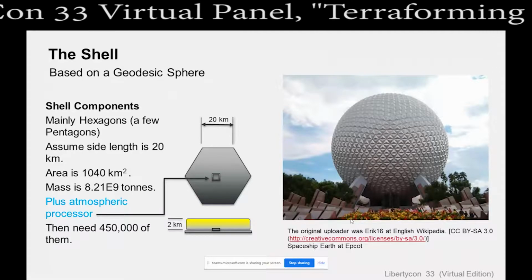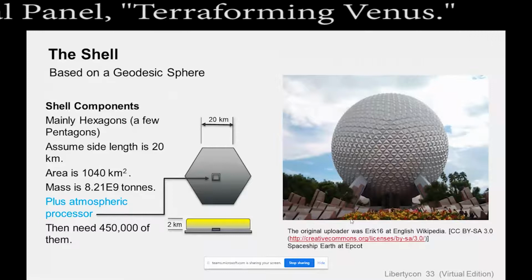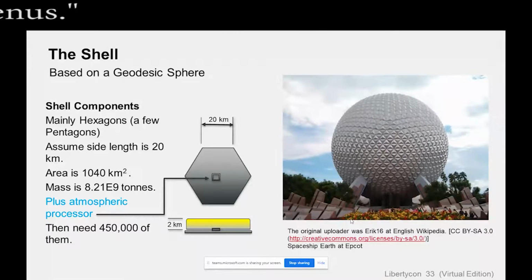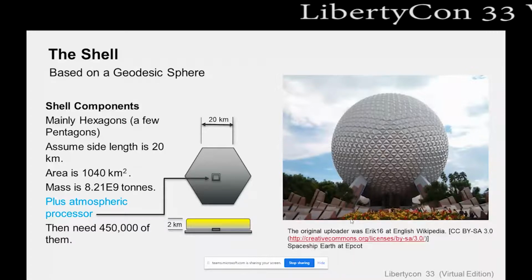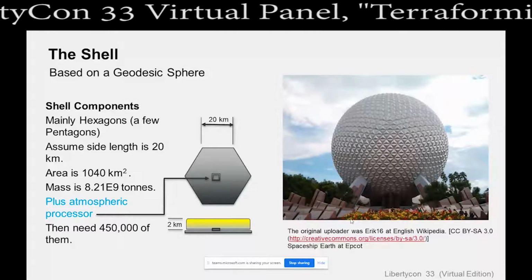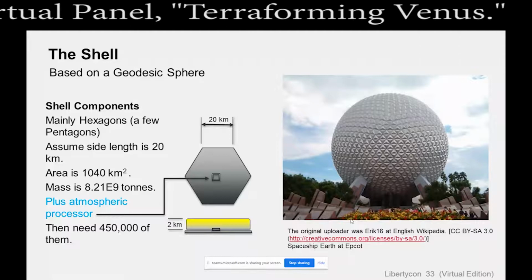But here, let's build hexagons that have 20 kilometers on the side. That means the area is about 1,000 square kilometers. The mass is pretty hefty, about 8.2 times 10 to the 9 metric tons of steel.